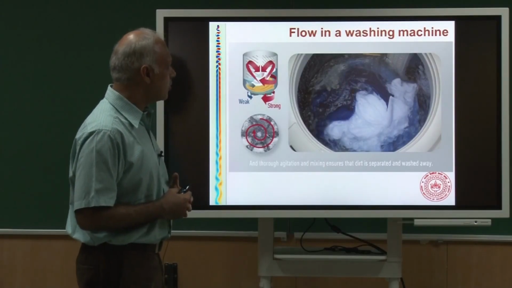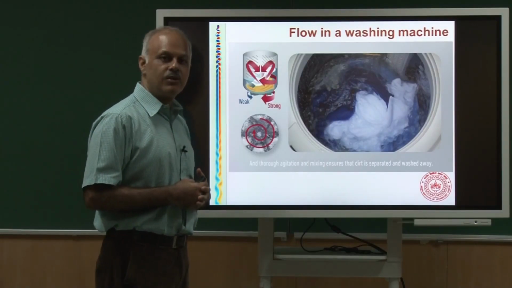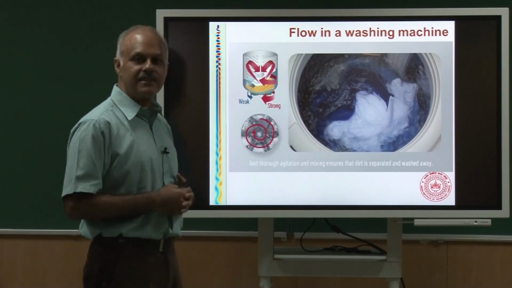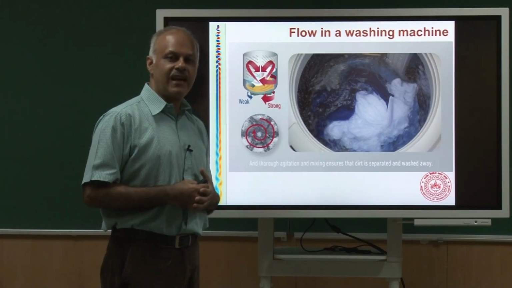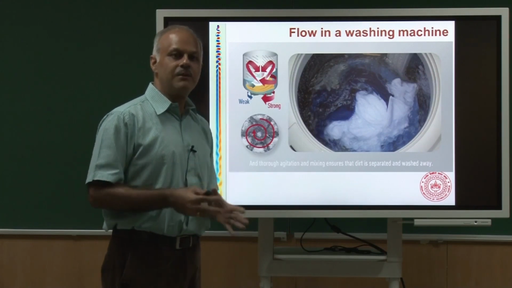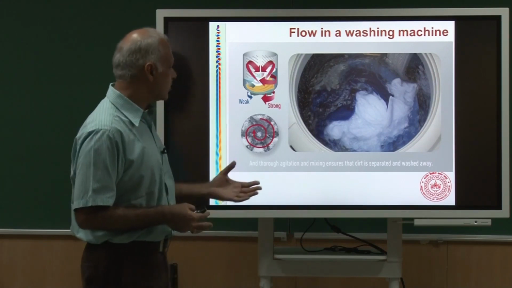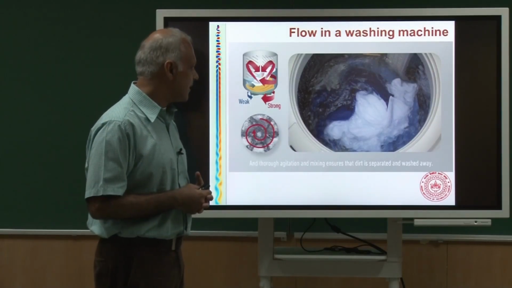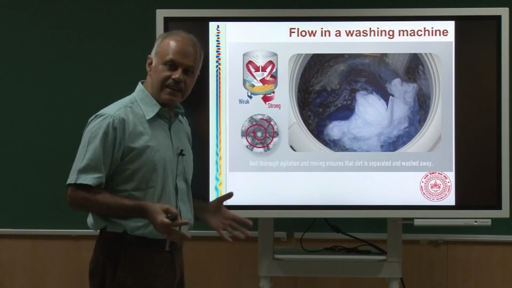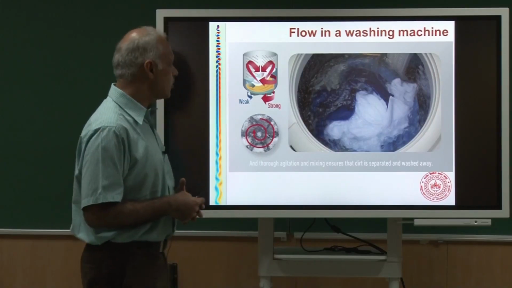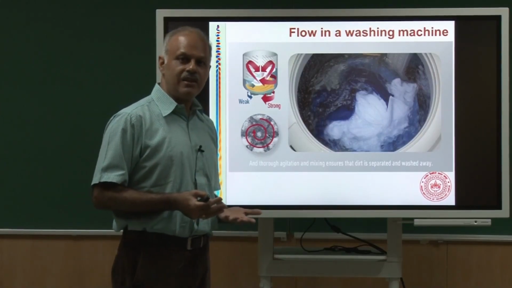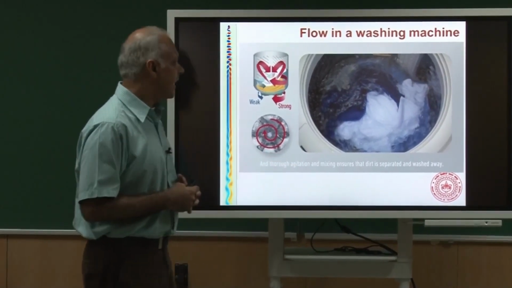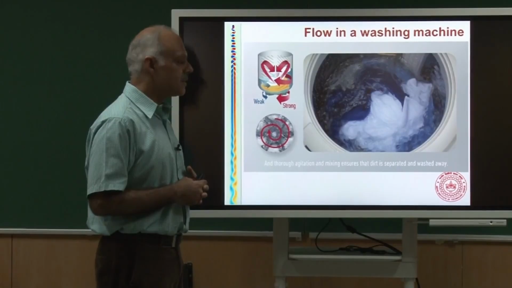If you want to do your laundry, you want to wash your clothes, and you want to design a good washing machine. The idea is that you have dirty clothes, you put them in a washing machine, and you should use as little water as possible, because that's a resource these days. You want to use as little time and as little energy as possible. So how are you going to design a machine that gives you the best possible laundry?